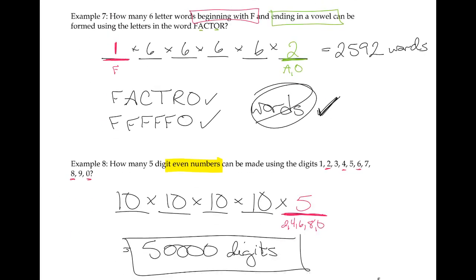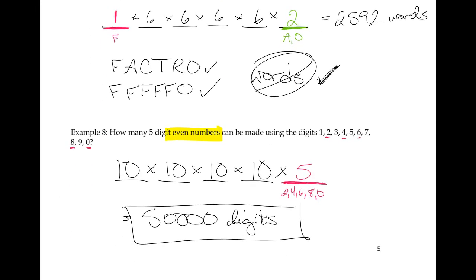Okay, so that's how the fundamental counting principle works, is you always create your spaces for every decision you're going to have to make, and then from there you fill in that line with how many options you have for each of those decisions. So for the first place of my 5-digit number, I have 10 numbers to choose from.